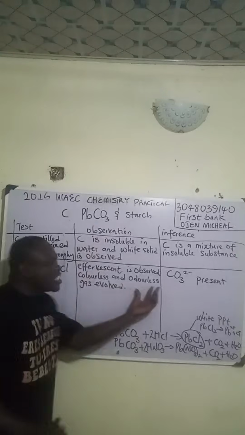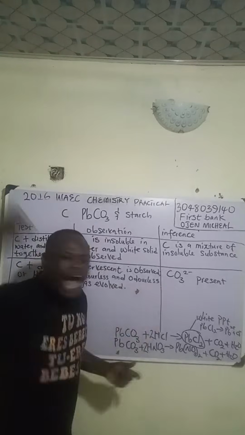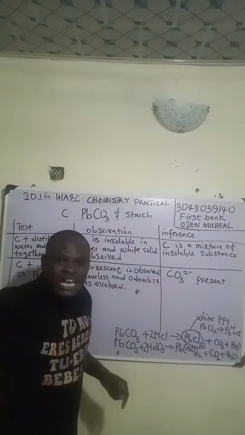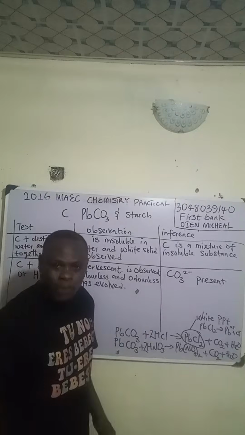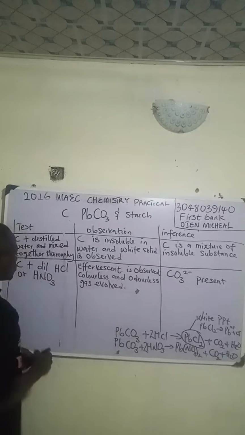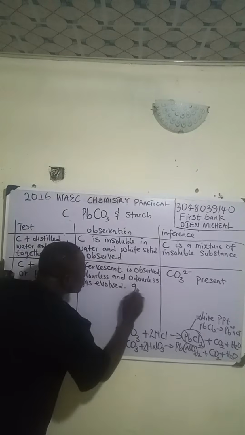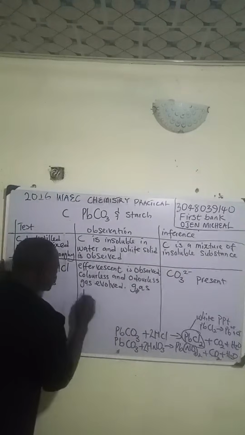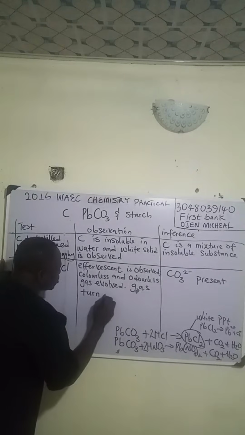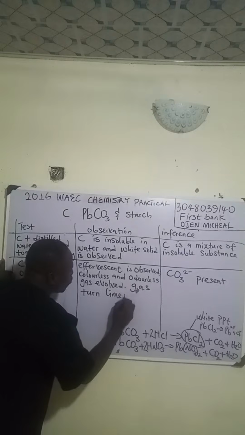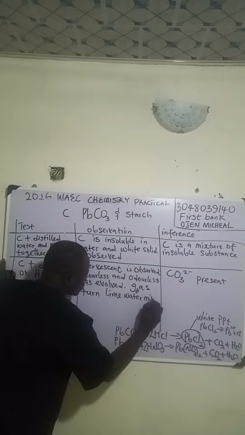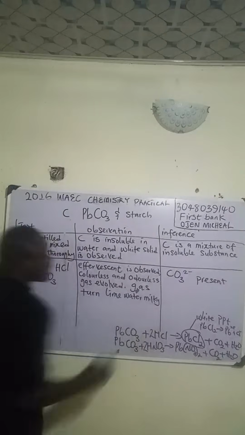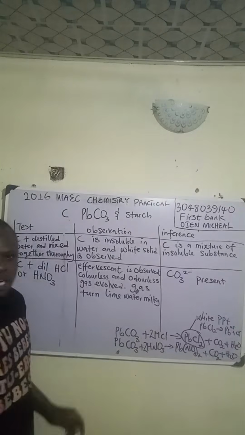I appreciate. Now, since the gas is being evolved, you will be asked to pass this gas through what? Lime water. Anytime you see this kind of test, of course, there is no way they will ask you for carbon dioxide directly. So you say: gas turns lime water milky. Gas turns lime water milky.